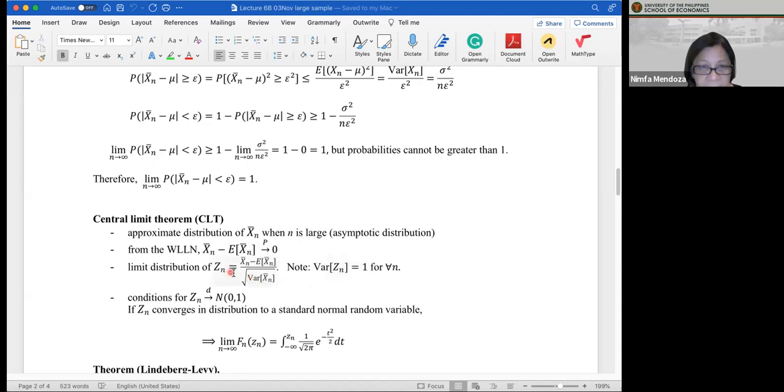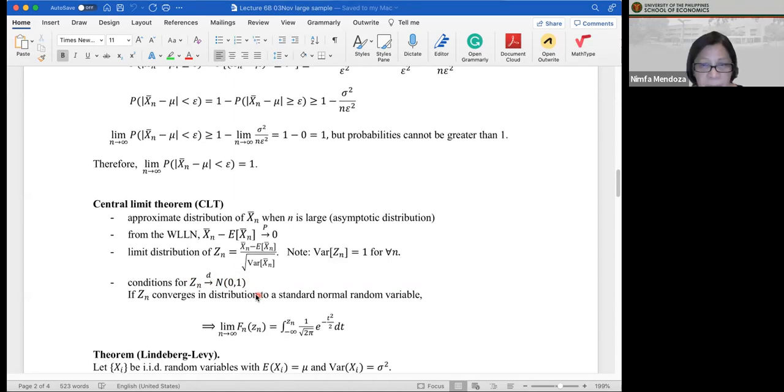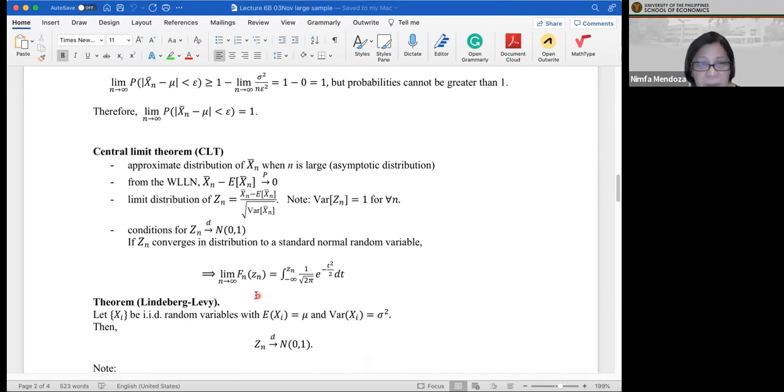And then we look at the conditions for which C sub n converges in distribution to the standard normal distribution. So here, we're looking at convergence in distribution.